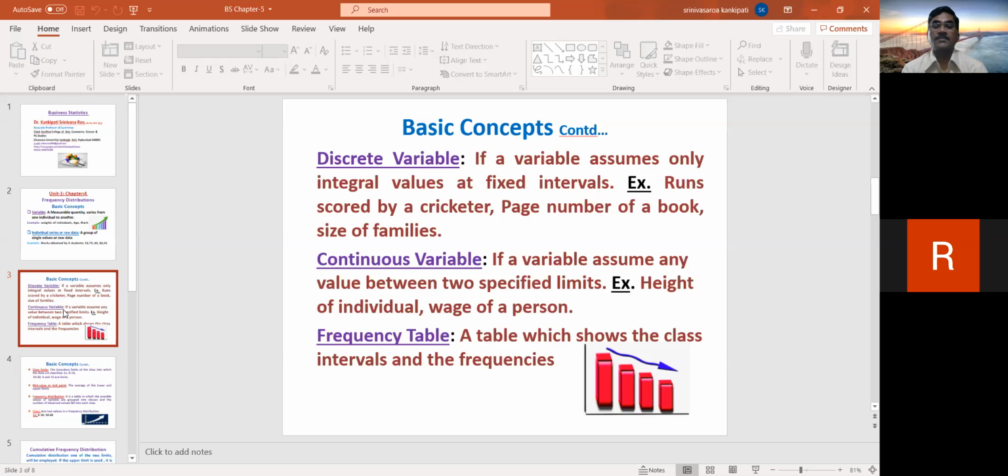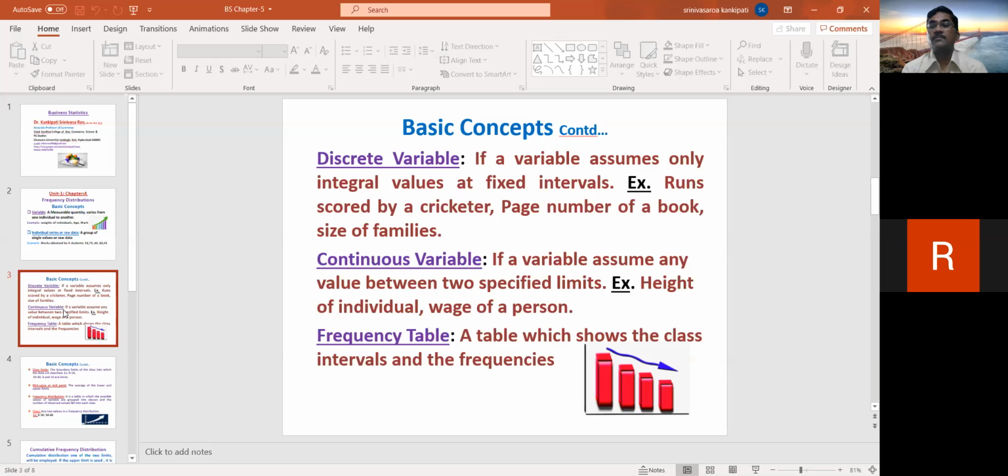For example, height of an individual, wage of a person, which varies from time to time. Or you can take 0 to 10 marks as a continuous variable series.